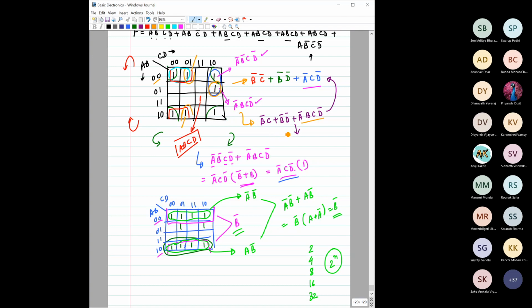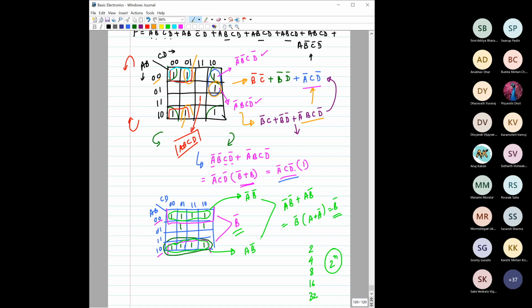Now here also, if all the terms have been considered, no issue in that. But this is not the minimized expression, because here there is an opportunity for you to take this one, make a group, and do a further reduction of the number of terms. Is this clear to you?